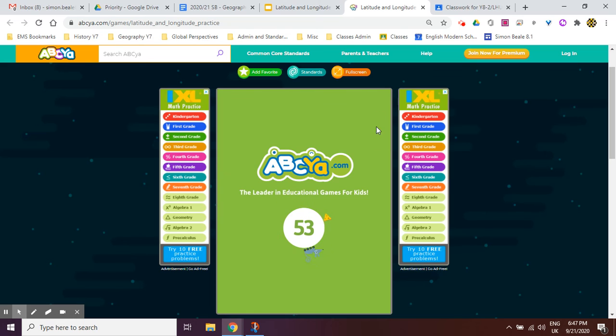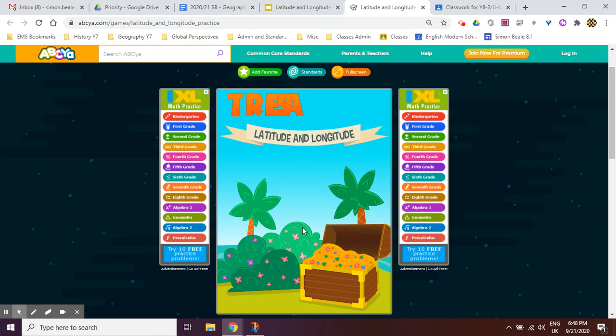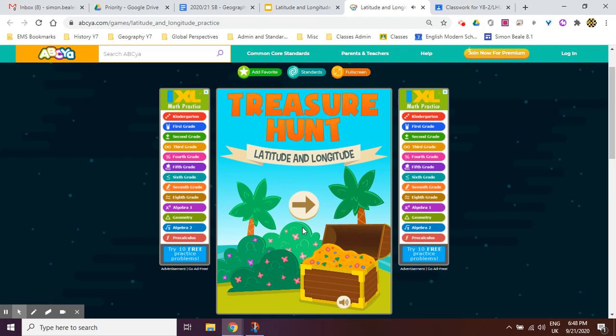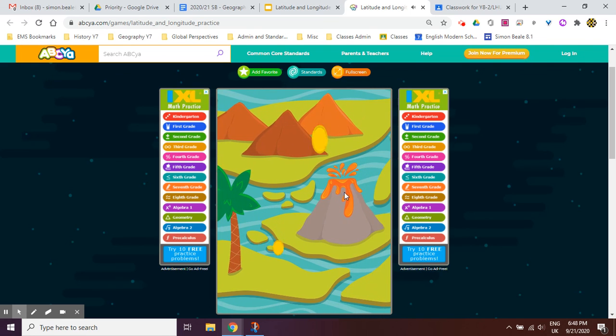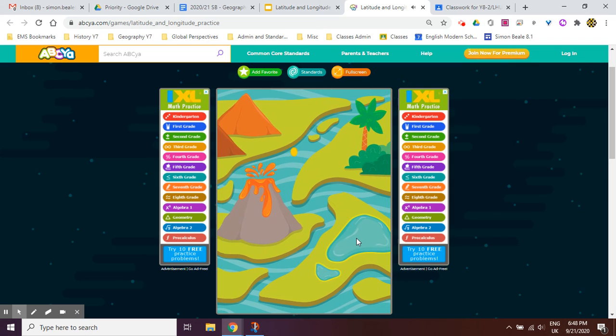It looks a little bit sort of for little tiny kids, but actually it's pretty good, and it will help you if you're still struggling a little bit and you need some practice. It will help you to understand how to search for coordinates.